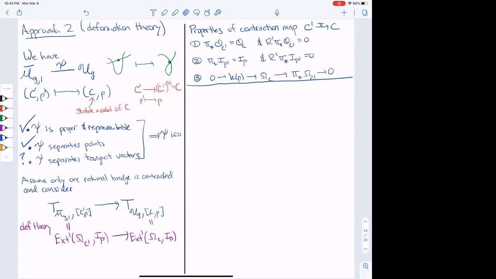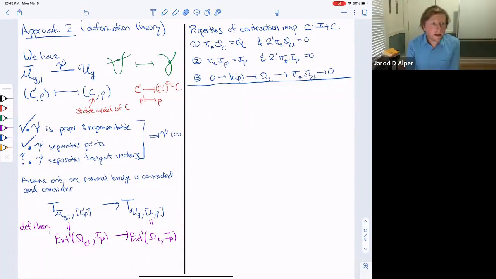Can I ask a clarification question? If the bridge weren't a rational curve, but positive genus, this contraction would be very false, right? If you had a different curve, maybe genus 2 with a marked point, you wouldn't contract it. You would forget that point, but you wouldn't contract.